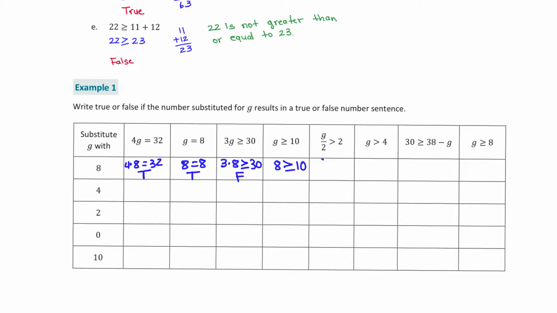Is 8 divided by 2 greater than 2? And the answer is true. 8 divided by 2 is 4, and 4 is greater than 2. We forgot to write this one. That was false. Next one. Is 8 greater than 4? And the answer is true.